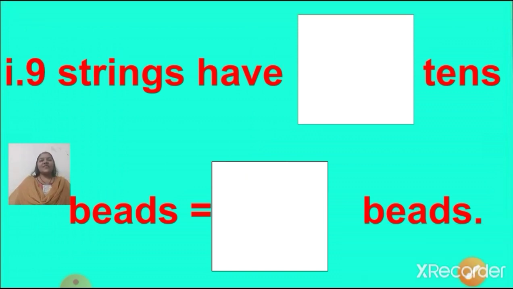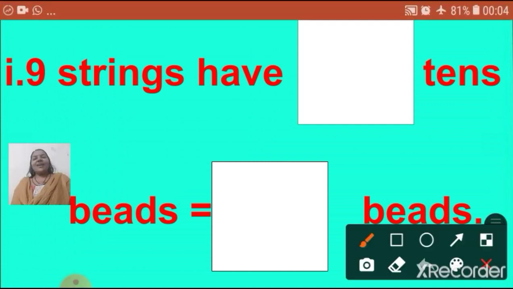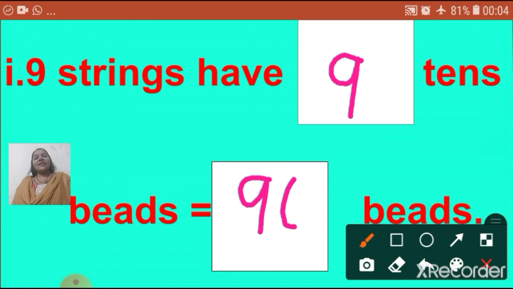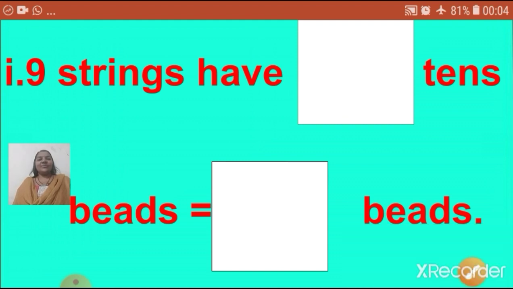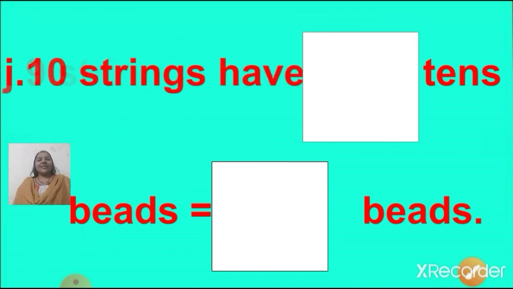Now 9 strings have how many tens? Yes, here will come 9 tens. 9 tens means how many beads? 9 tens means 90 beads. Very good children. 90 will come here. I hope children you all are understanding and enjoying too. Now let's see the next one.